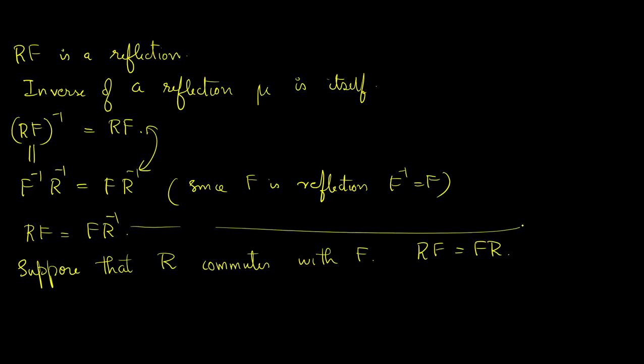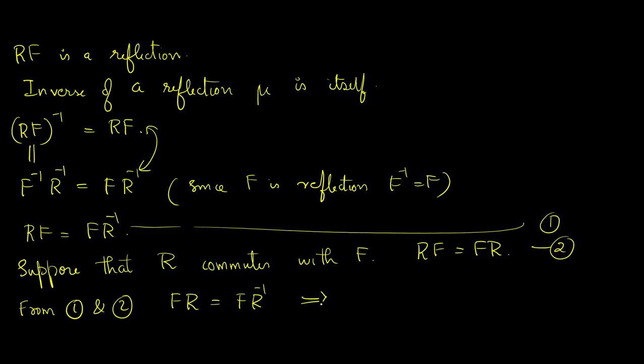Here we had one equation, call it 1. Here we have 2. So from 1 and 2, what do we have? We have that FR must be equal to FR inverse. Now we can cancel F by the cancellation property in groups. So by the left cancellation property, we will have that R will be equal to R inverse.